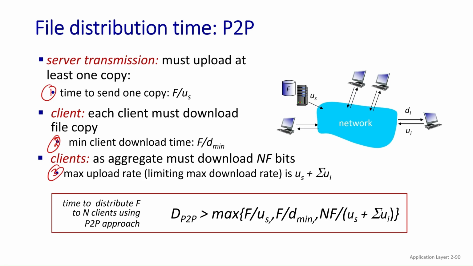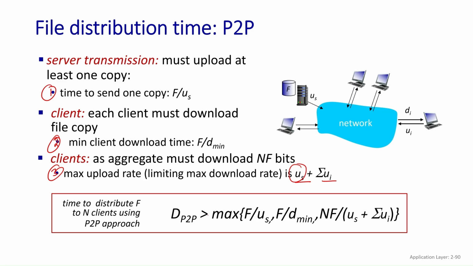So this is an aggregate time, which is now not only the server sending, but also all the clients participating in this file sharing process. Remember, in the previous case only the server was responsible for sharing the file, but now all the clients are also participating.